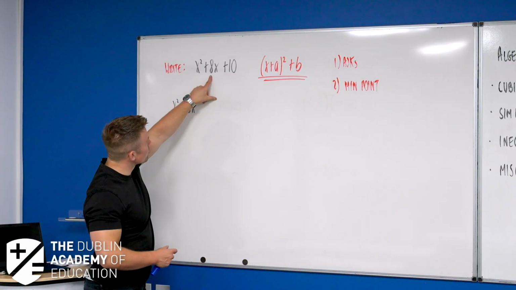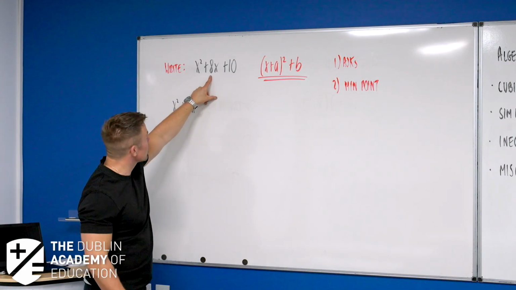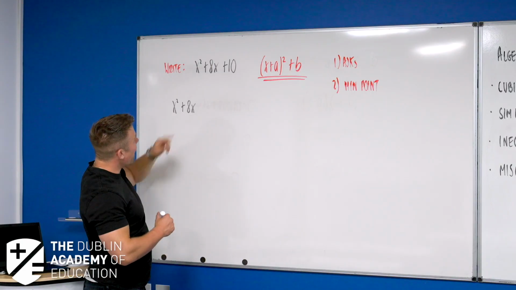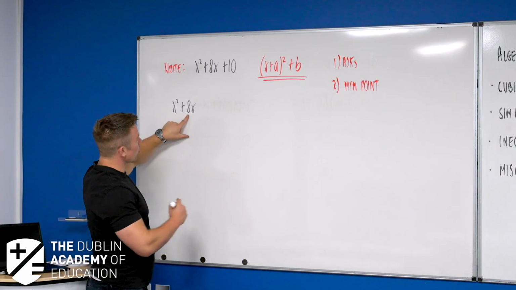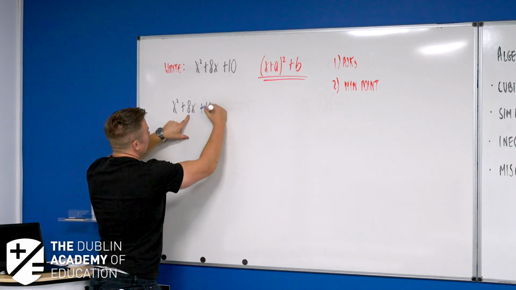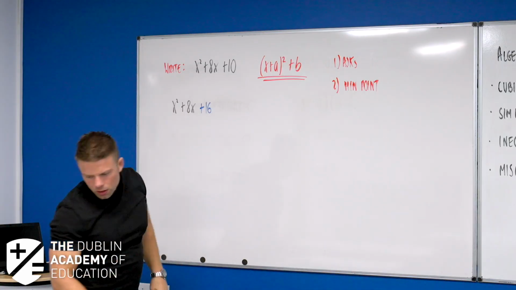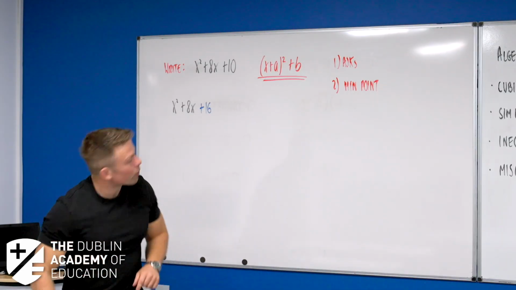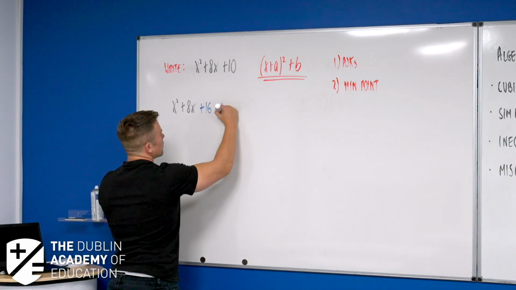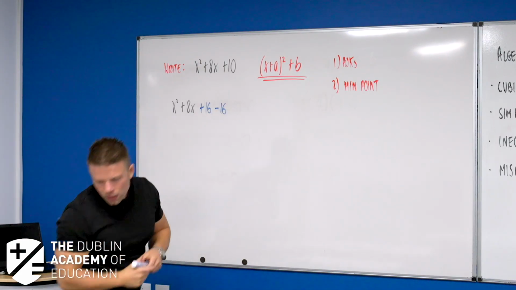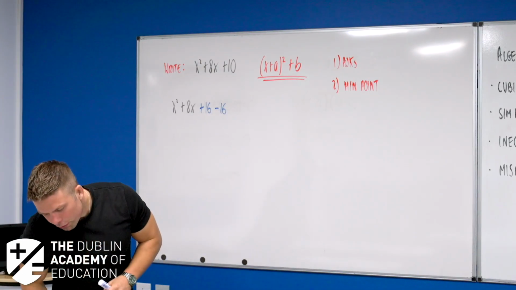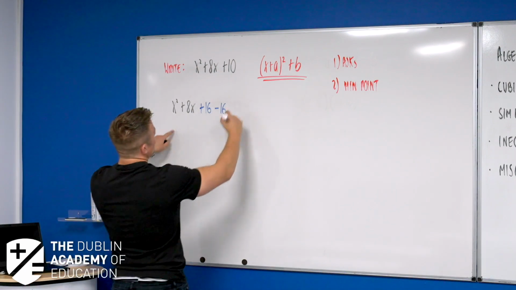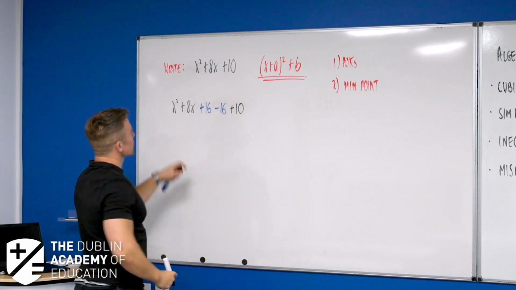The number in front of the x is also called the coefficient, which is an important term. So half that number gives me 4, square it, and then we add it on. Step 3, subtract the number you just wrote down. Cool? And step 4, write down the final number from the original quadratic last.